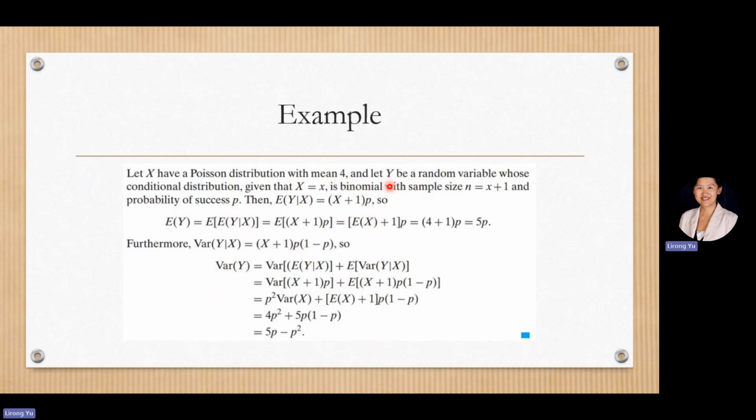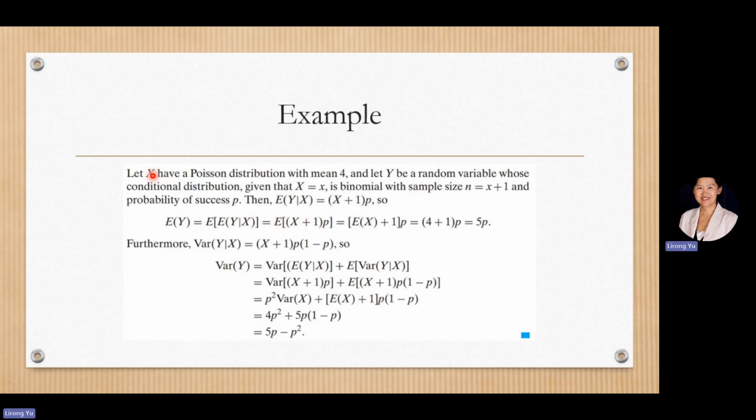Now, based on the fact that Y is a conditional binomial distribution, the expectation of Y given X is n times p, with n equal to X plus 1, so (X plus 1) times p. That is the expectation of Y given X. On the other hand, the expectation of the conditional expectation will equal E of Y. So E of Y is E of (X plus 1) p, and p is a constant, so bring the p out: E of (X plus 1).